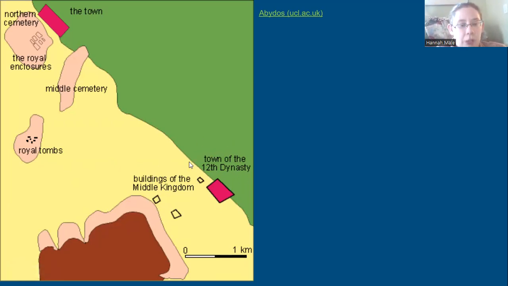So like we saw with Lahun and the pyramid town at Giza, you're going to need somewhere for those people who staff those royal mortuary complexes to live. And so we have a town that's founded by the state in roughly the Middle Kingdom to serve that need.